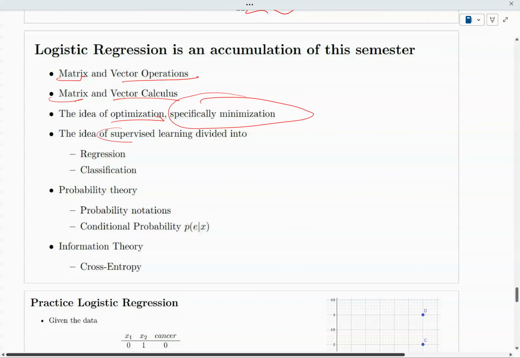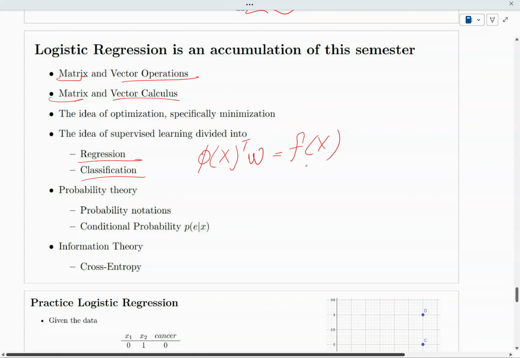The idea of supervised learning, divided into regression and classification, and that you understand the meaning of this function here, which is actually used for both regression and classification. You also needed to understand probability theory, probability notation, conditional probability, as well as information theory. So we've covered a lot of ground to reach this point.